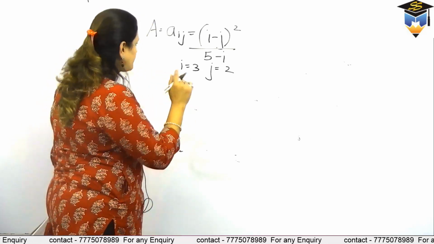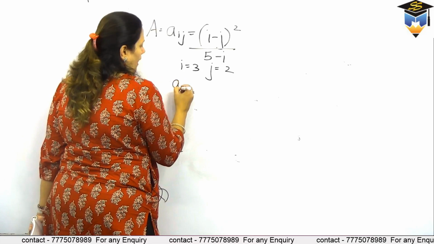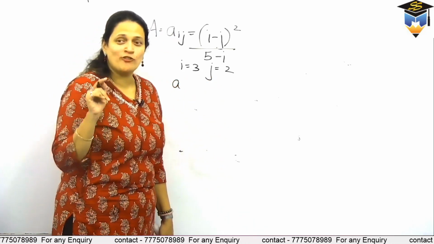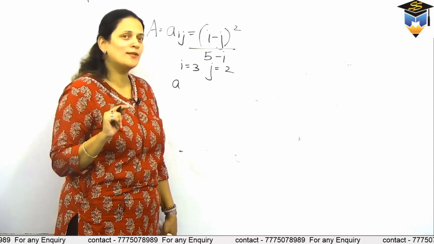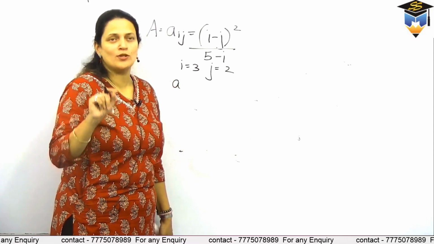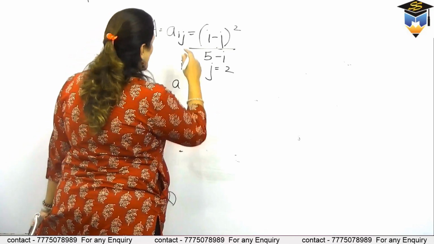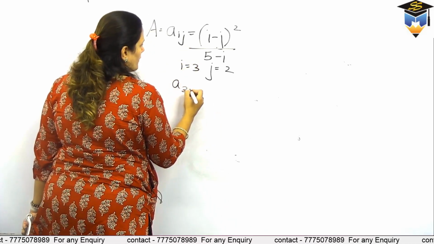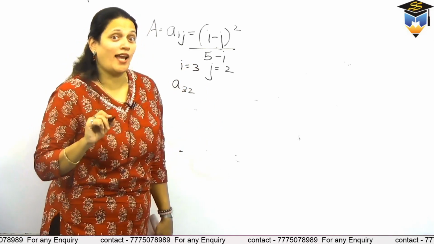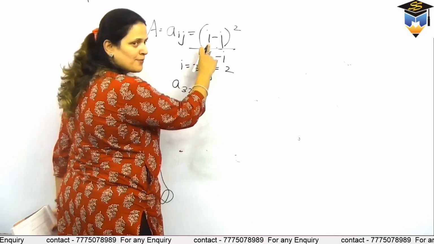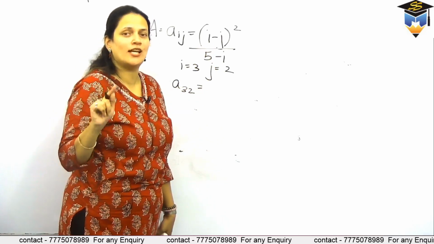Okay, so A, since it's a 3 by 2 matrix, yes, so when we say 3 by 2, what is the meaning of that? 3 rows and 2 columns. Yes everyone? Okay, so I am going to find out element A32, for which I am just going to substitute the value of i as 3 and j as 2.